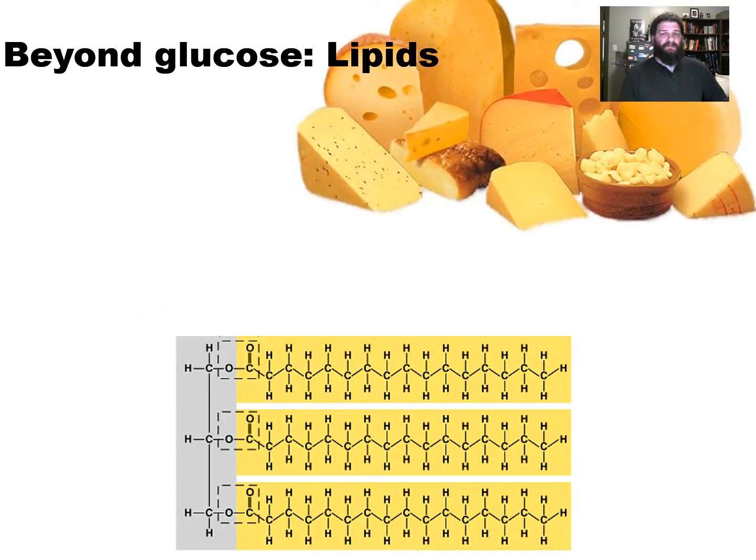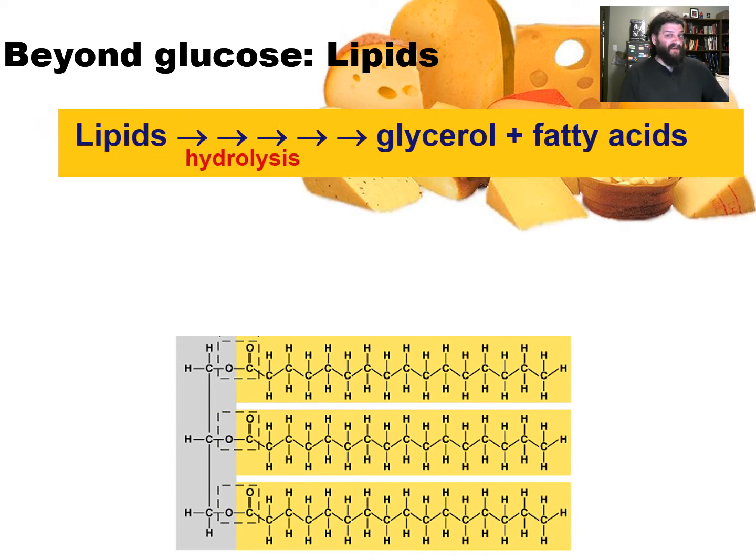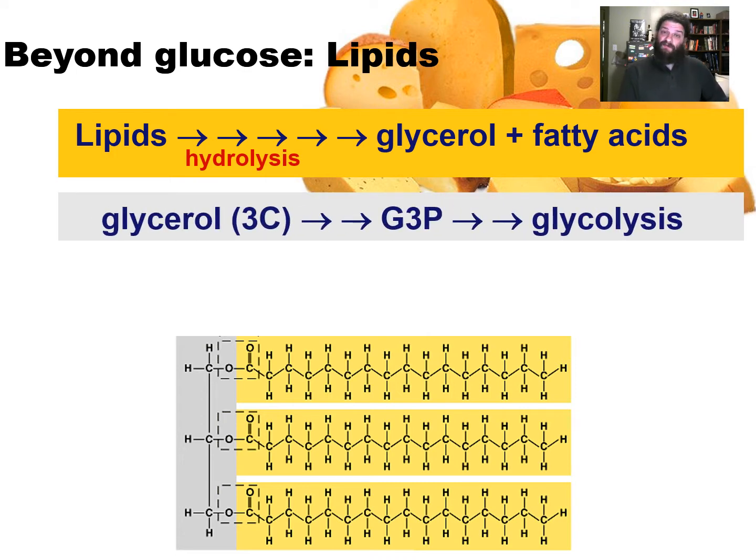Oh, and lipids. Delicious. And part of why we think they're so delicious is because they are good energy sources. They have to be hydrolyzed first into glycerol and fatty acids. The glycerol, being 3 carbons, can be converted right into G3P, glyceraldehyde 3-phosphate, and enter the glycolytic pathway that way.